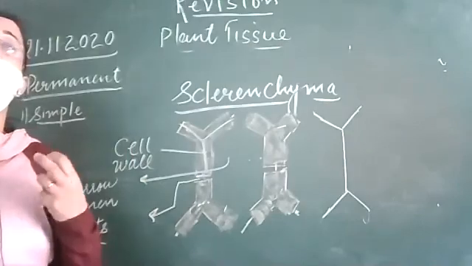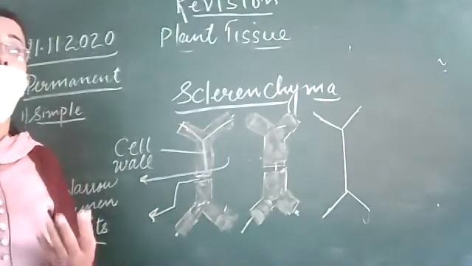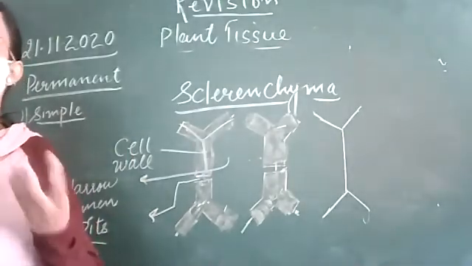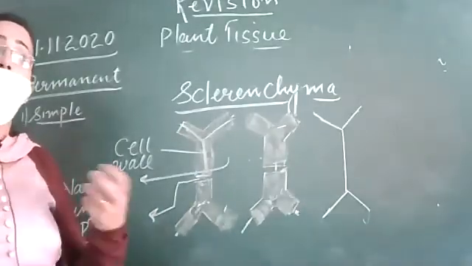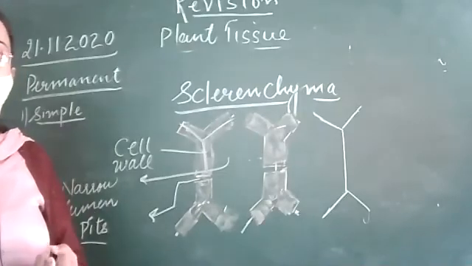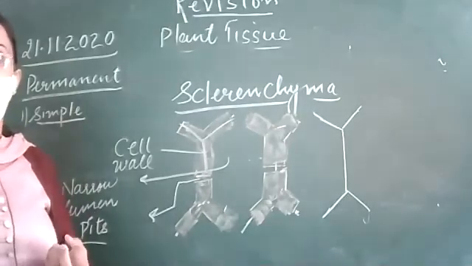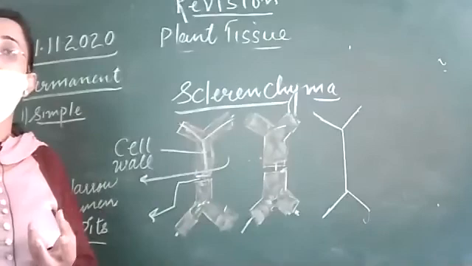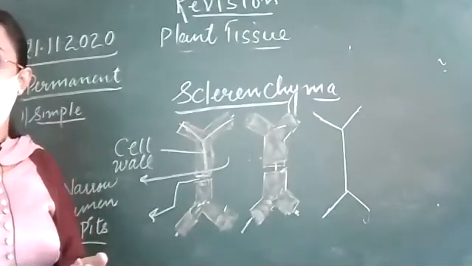They are present where there is bending of leaves and branches, as they provide flexibility to the plant. And sclerenchyma is a supporting tissue, supporting the plant wherever strength is needed, like the coating of seeds, nuts, husk of coconut.